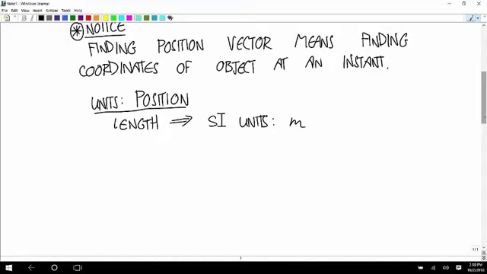And if you wanted to graph position versus time in 2 dimensions, the clearest way to do that would be to plot separate x position versus time and y position versus time graphs. And so it's not quite as concise a description of what's happening. But you could do that.